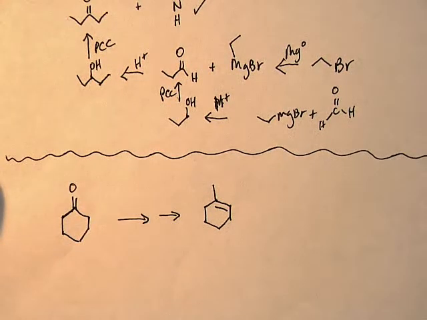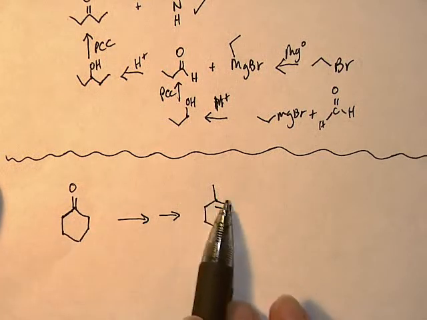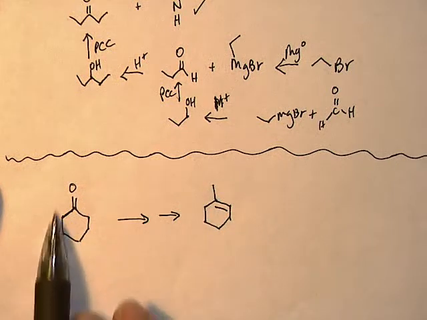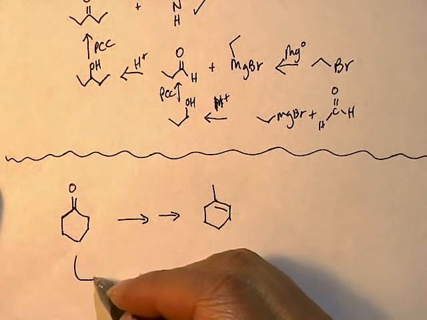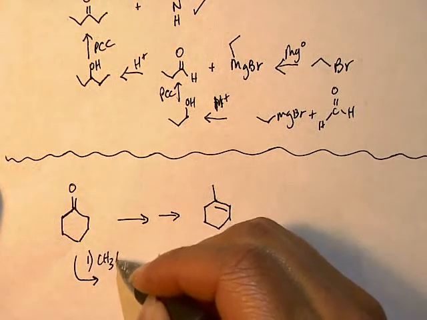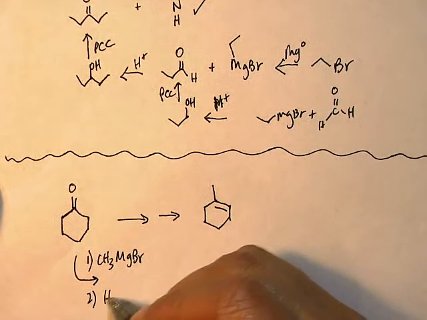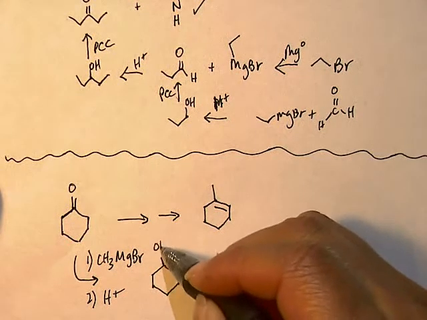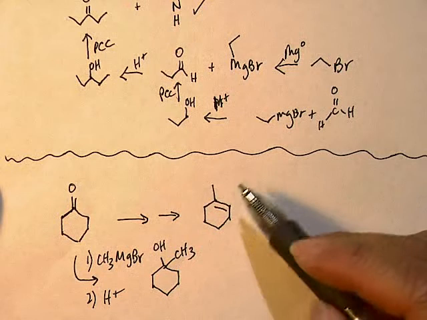In this case, notice there are 6 carbons here, and there is more than 6 carbons here. We have an extra carbon, so somewhere I have to add a methyl group, right? So how would I do this? One way is to add methyl magnesium bromide and quench it with acid. Then it would give you the right number of carbons, right?